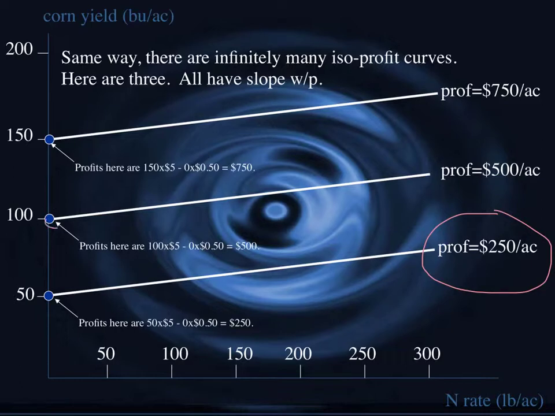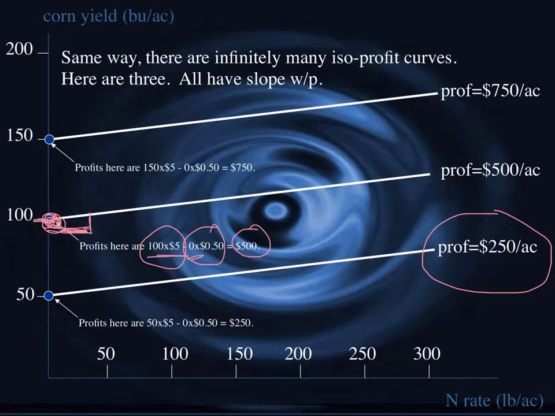If we think about the line that goes through this point, the profits here are 100 bushels, because that's what the yield is, times $5 a bushel, and then you're using no nitrogen, so costs are 0, and you're making $500 an acre at this point. Well, every time you increase N by 10 pounds and yield by 1 bushel, you're still going to make that $500 because you've increased revenue by $5 and you've increased costs by $5.